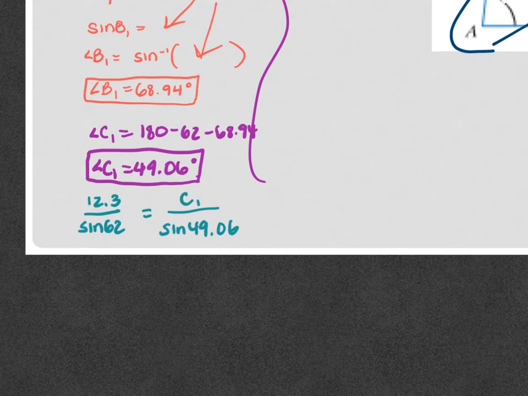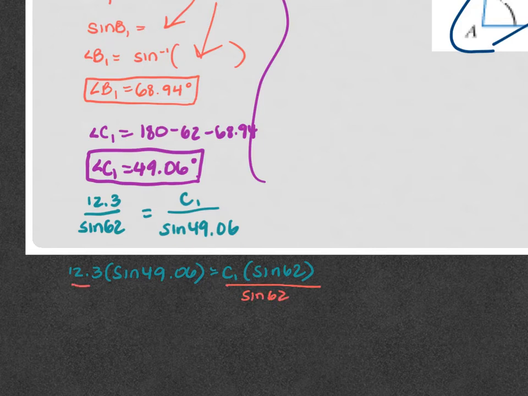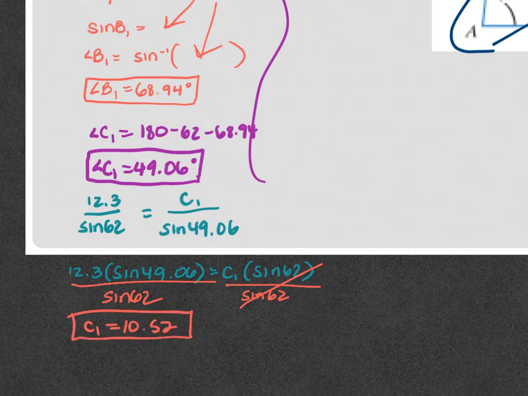And then cross multiply. And I get side C1, which is the last thing I was missing from the first triangle.